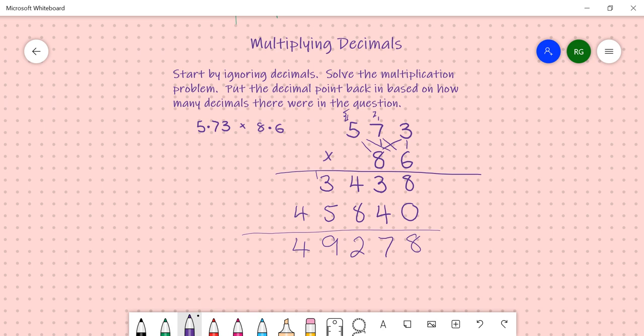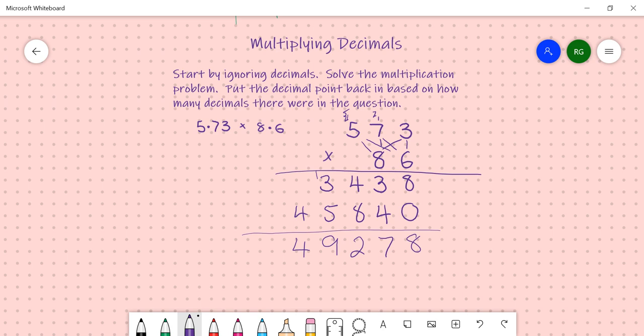Now, this is where we need to use our next step. Obviously, 5.73 times 8.6 is not 49,000. So there's two ways of doing this. There's a rough estimate way, which is if I was to round 5.73 and 8.6, I'd have something like 6 times 9 or 5 times 8.